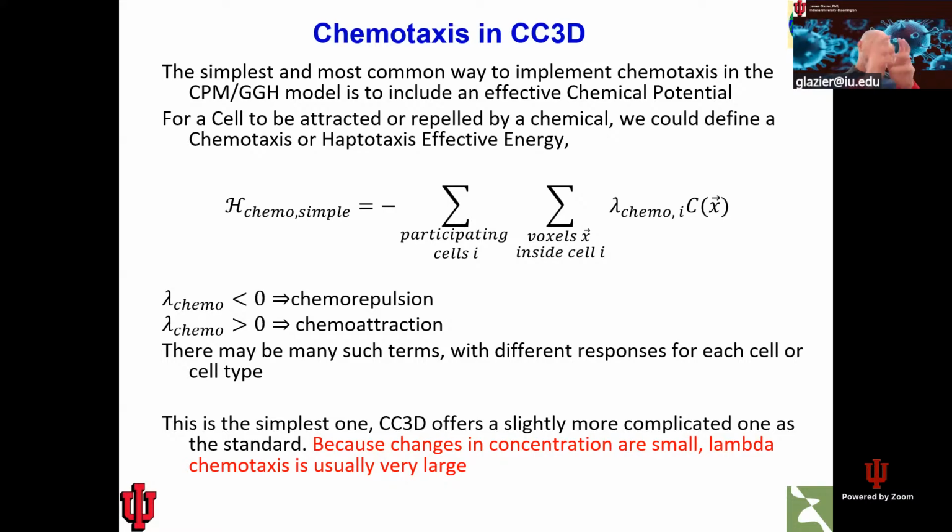So if I evaluate the chemical energy both on extension and retraction, then the boundary between two cells does not experience the chemical gradient. It doesn't see it. If I do it on extension only, then every cell sees it.